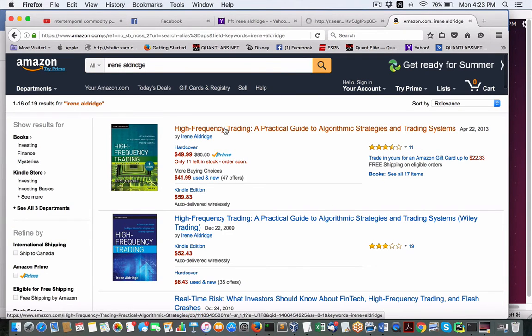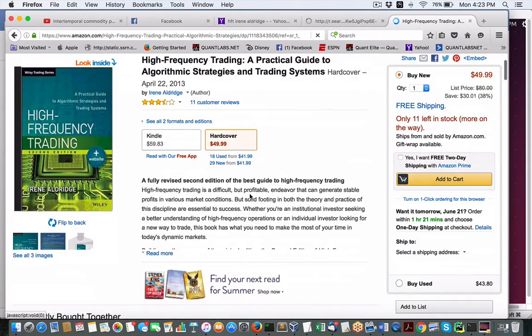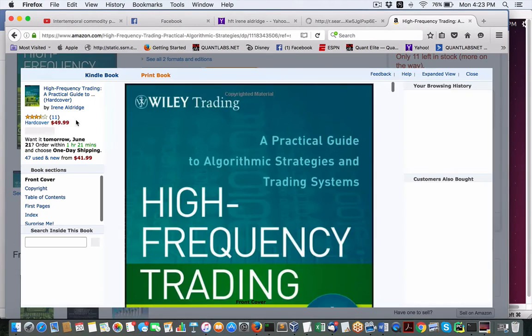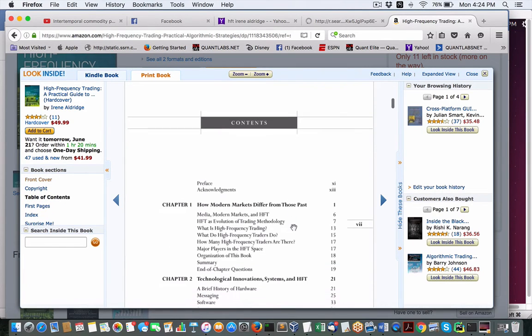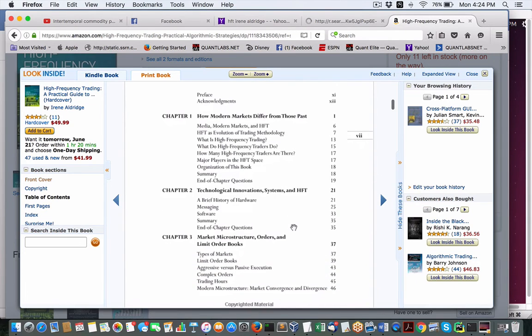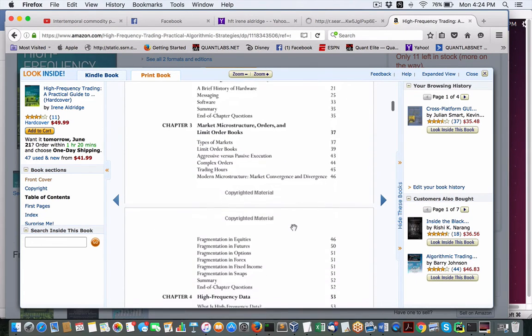Okay, yeah, this is the book. There are 2 editions. I know this one is from 2009, but this one's a little more updated. And if you take a look inside, if you need some decent strategies, let's go through the table of contents. You will find that there is some analysis done on the bid and ask.